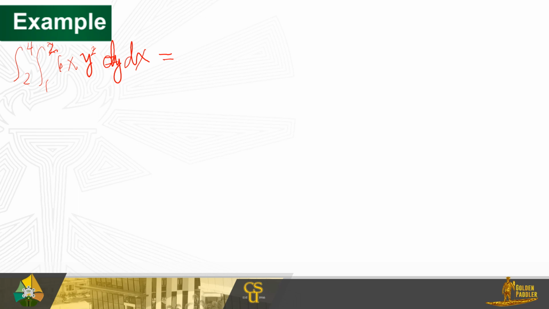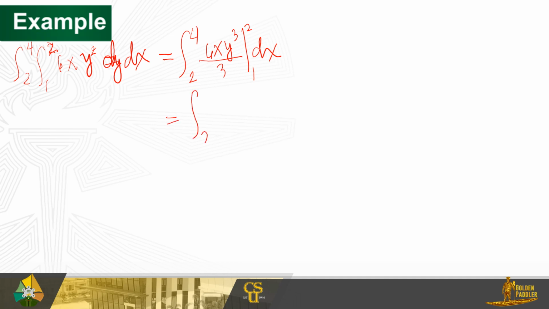So we have the integral from 2 to 4. We have 6x, then it becomes y cubed over 3 dx, evaluated from 1 to 2. Don't forget, we know 6 over 3 is just 2.